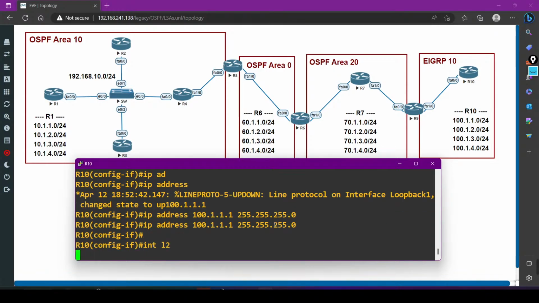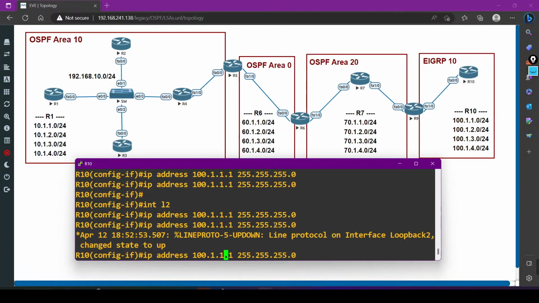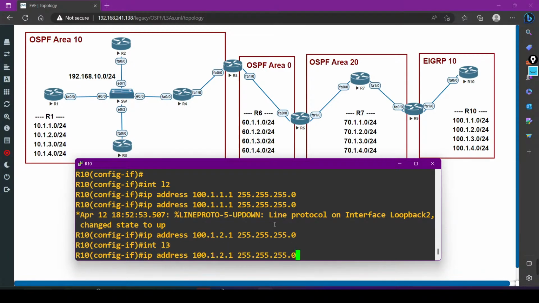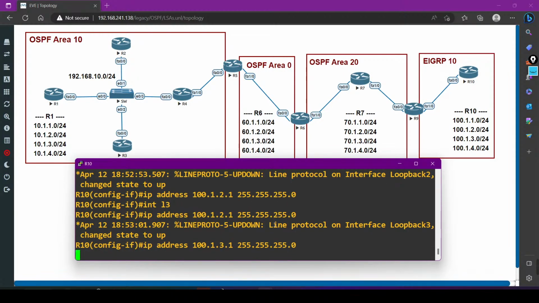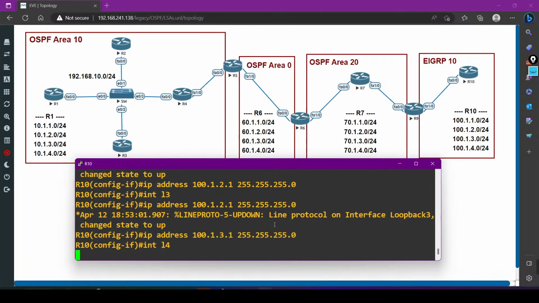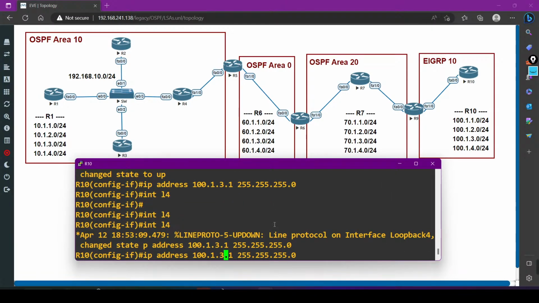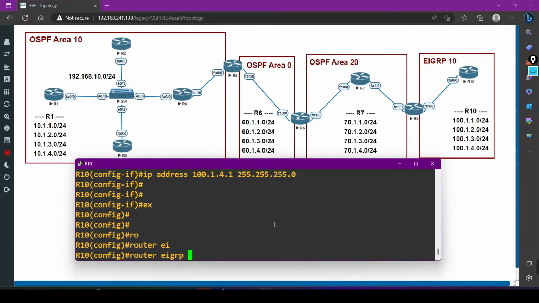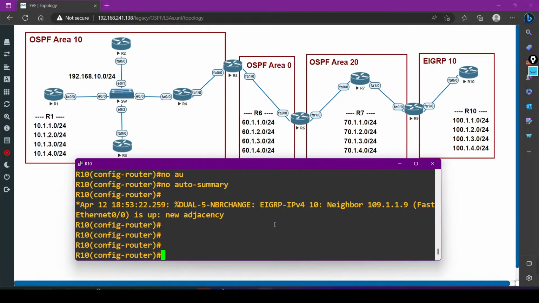Interface loopback 2, IP address is 100.1.2.1. Interface loopback 3, 3.1. Interface loopback 4 and 4.1. Router EIGRP number 10 and network 0.0.0.0. Said no auto-summary as well. Done.